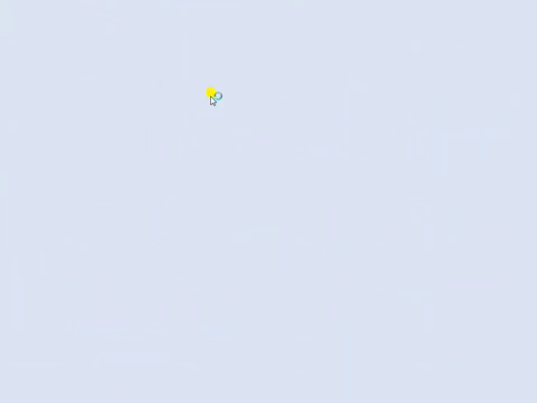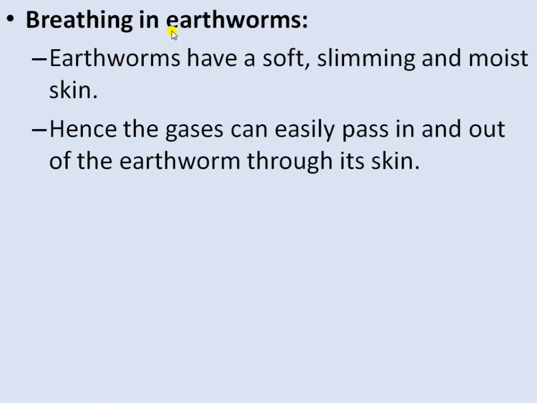Moving on to the next topic, that is breathing in earthworms. Earthworms do not have any special breathing organs, so their entire skin acts as a breathing organ for the exchange of gases. Hence the gases can easily pass in and out of the earthworm through its skin.